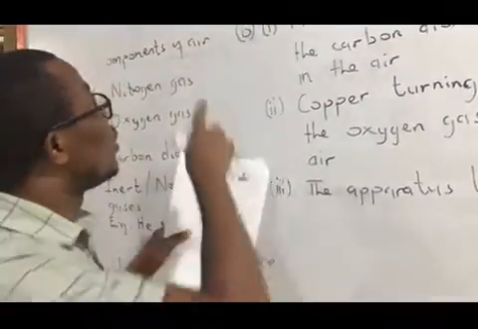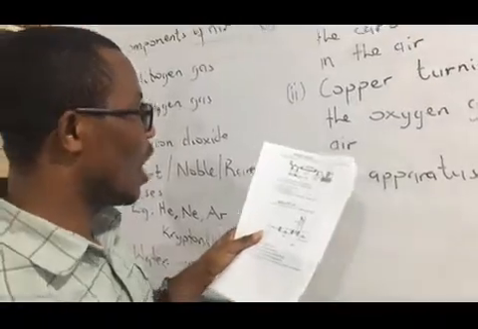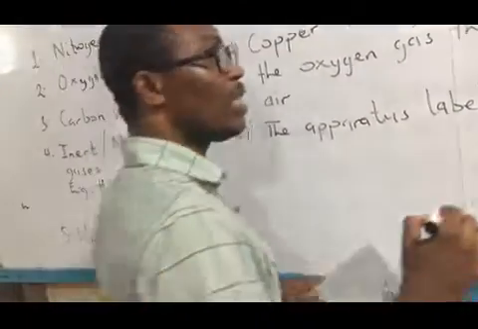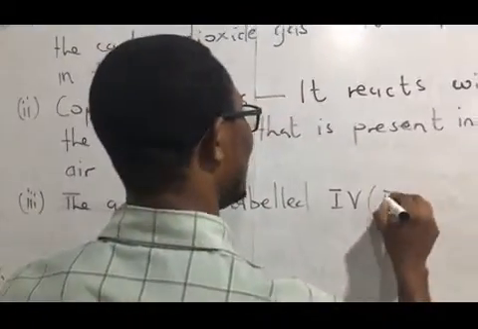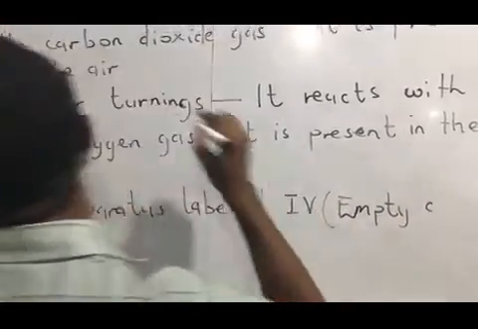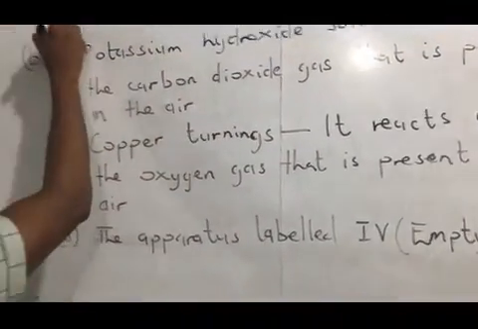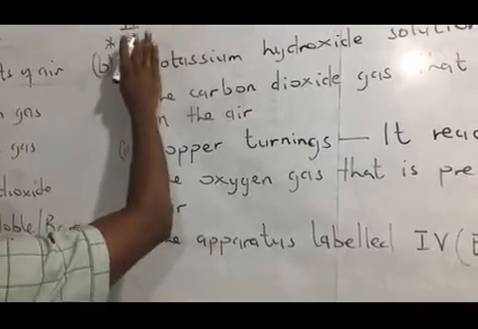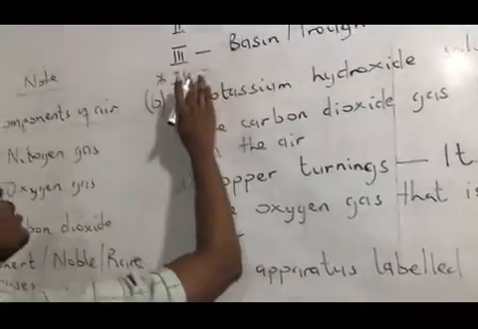But if you were supposed to label IV, your IV is an empty gas jar. Or probably, let me put it as a trough, in case you are asked to label it. You are not asked to label.